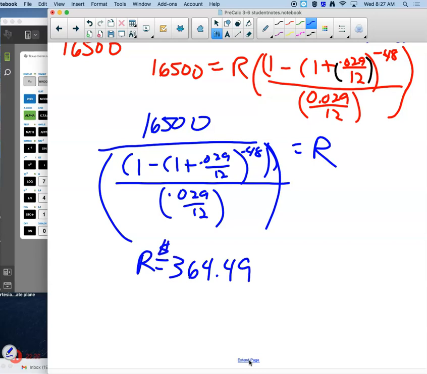Now, if you look back at that, you see we did have to do a little bit of rounding for that answer. So in reality, out of those 48 payments, we'd pay $364.49, or I guess I should say Carlos would pay that, for 47 months.